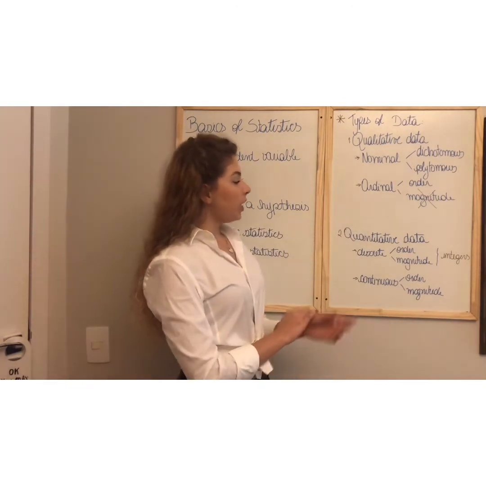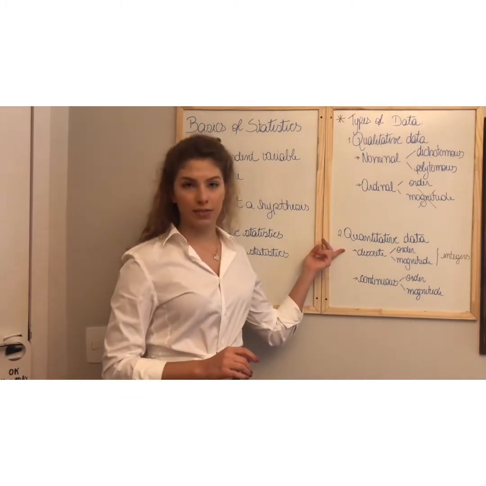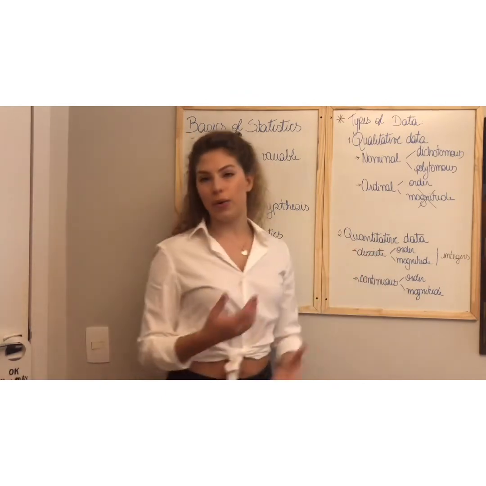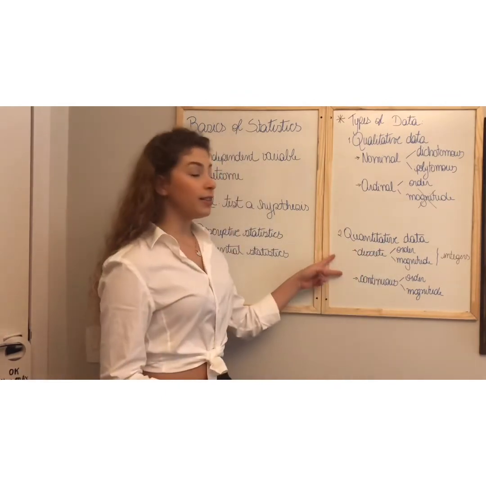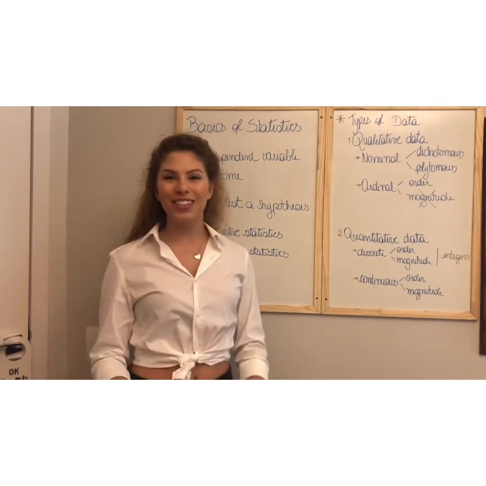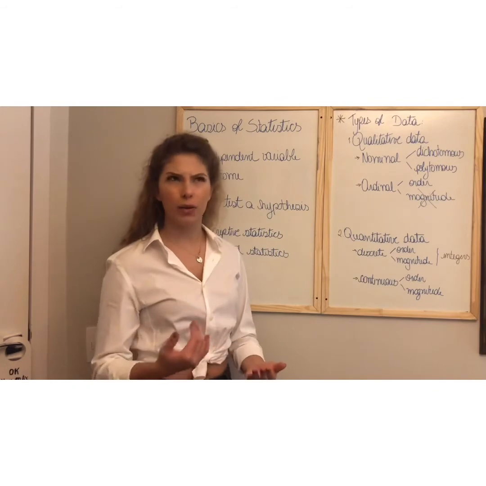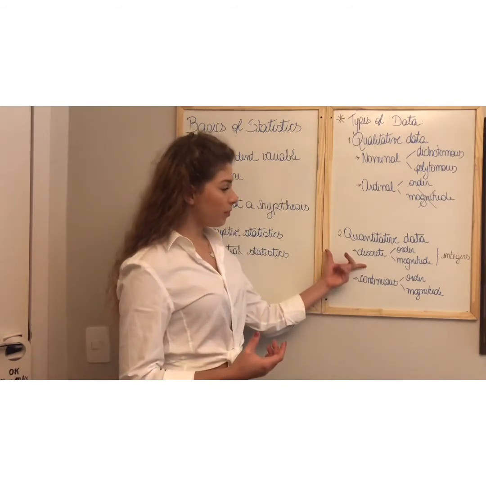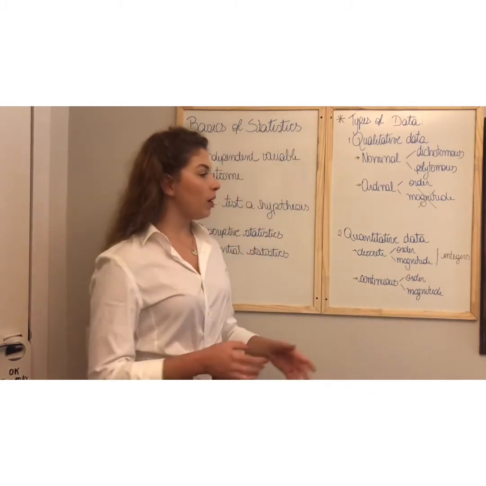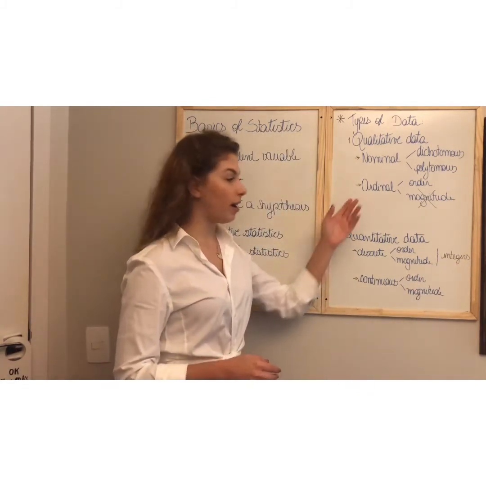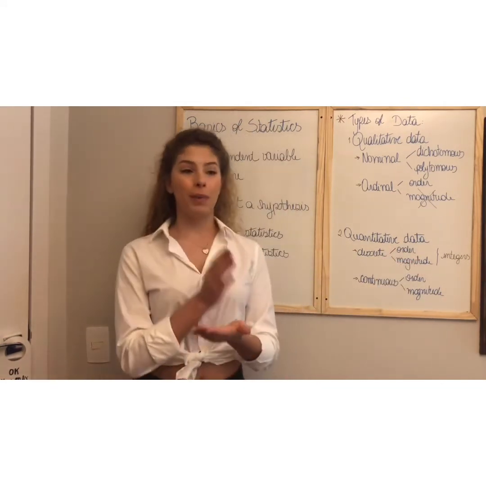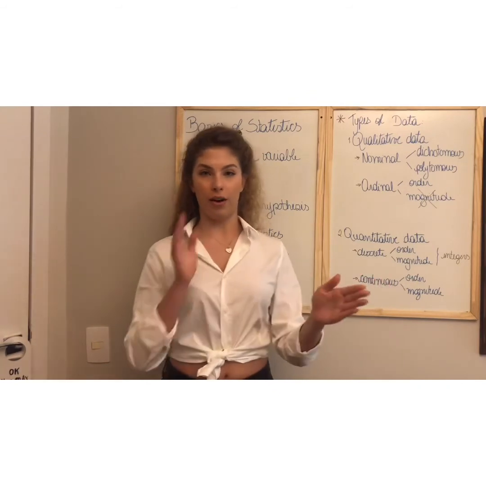Well, then we can go to our quantitative data. Really quantitative. It quantifies our data, okay? So we have two kinds here. First one, discrete data, also called count data. Why? Because we can count. Why can we count? Because it accepts only whole numbers, only integers. Okay? Well, here, differently from the ordinal data, order matters and magnitude matters. So the spacing between one number and the other matters.